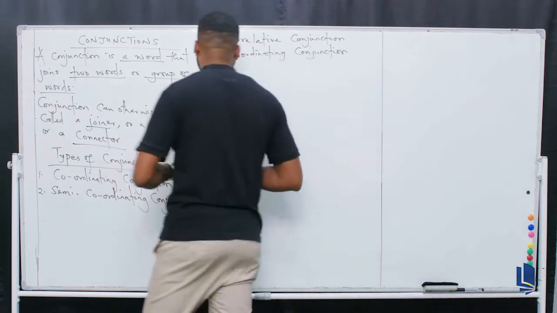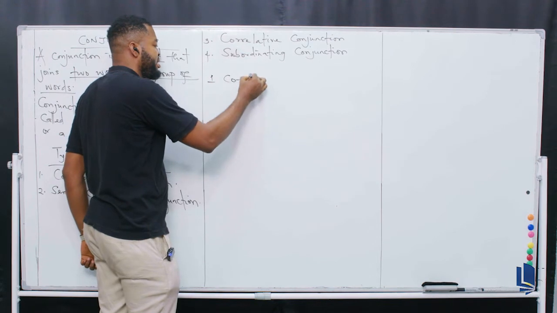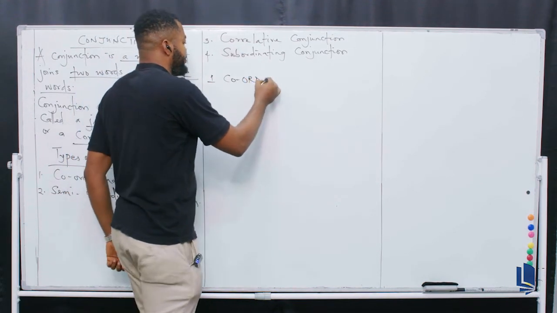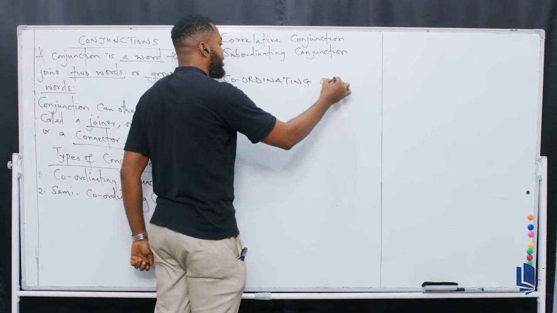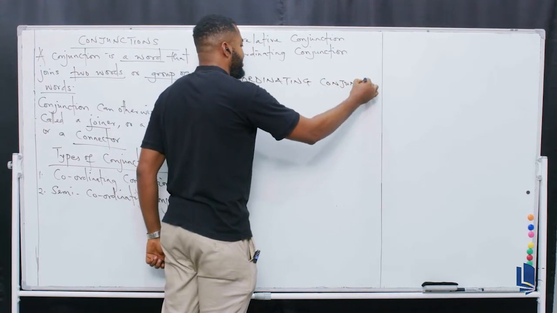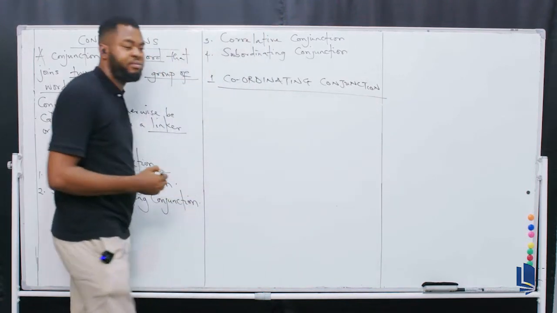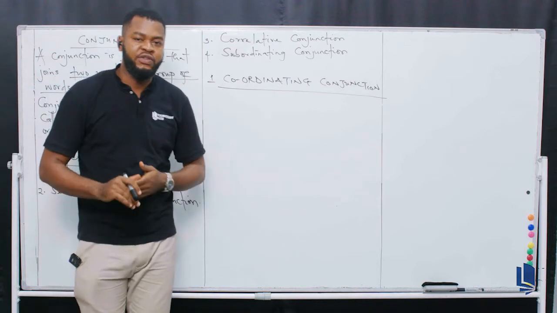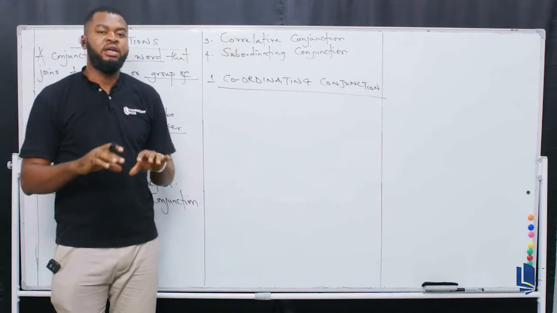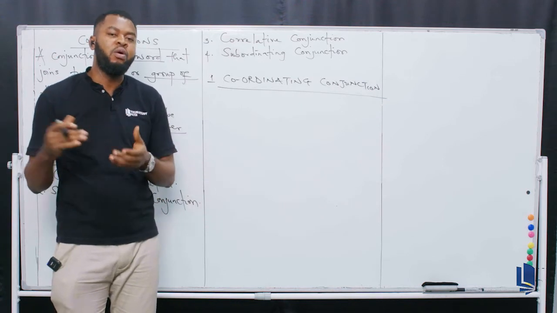So the first aspect we'll be looking at, number one, is coordinating conjunction. Here, a coordinating conjunction is a word that joins units of equal ranks.